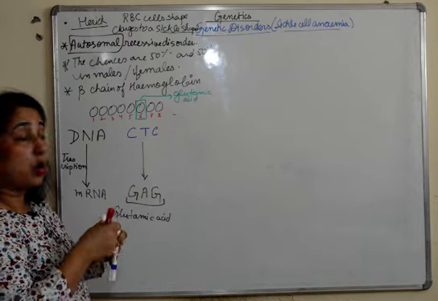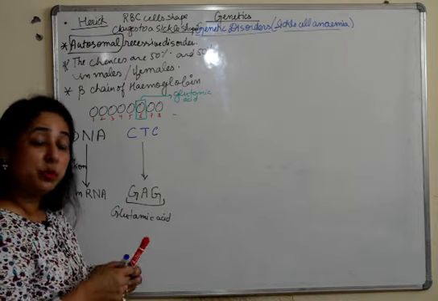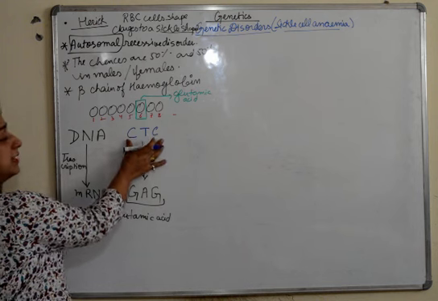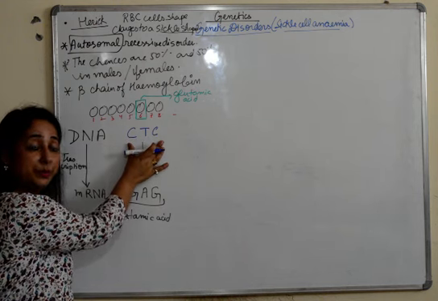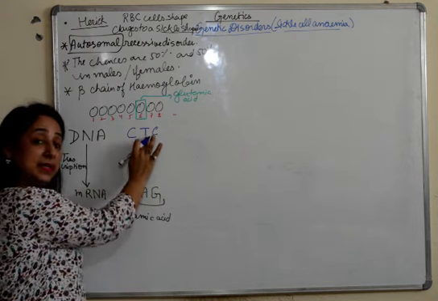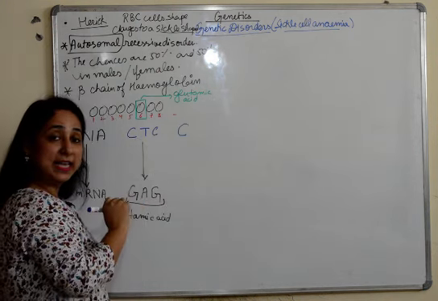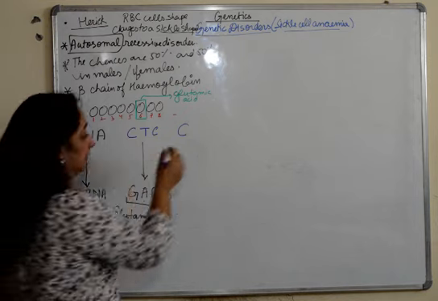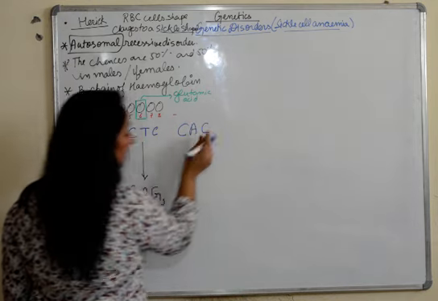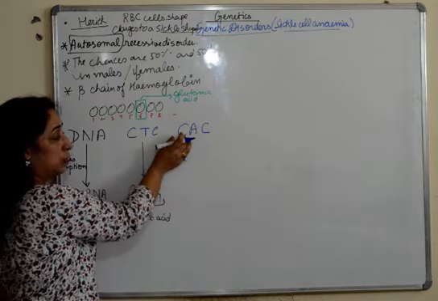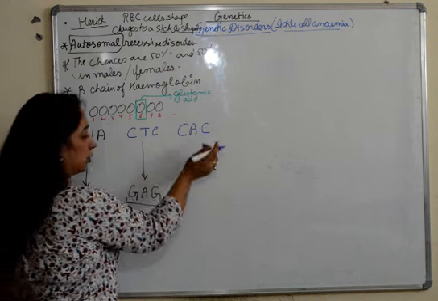Now the mutation, or gene mutation or point mutation, has taken place in this code, and this codon in the center has been replaced as CAC. It is replaced with adenine, cytosine, adenine, cytosine.